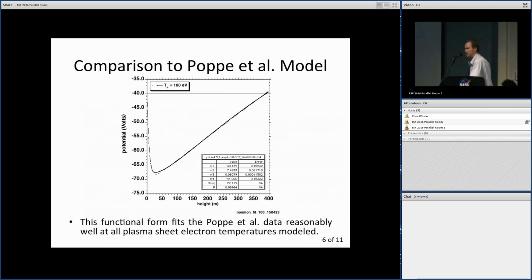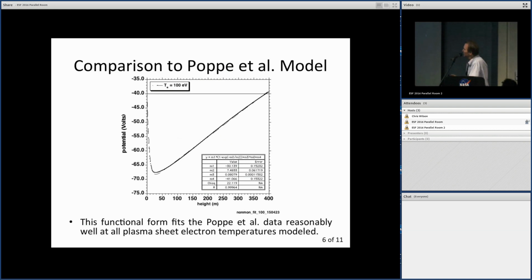So we've compared this potential profile, this functional form, to the Poppy et al. simulation results, and the agreement is reasonably good. In this figure, the solid line is the functional form shown on the previous slide, and the dashed line are the simulation results from Poppy et al.